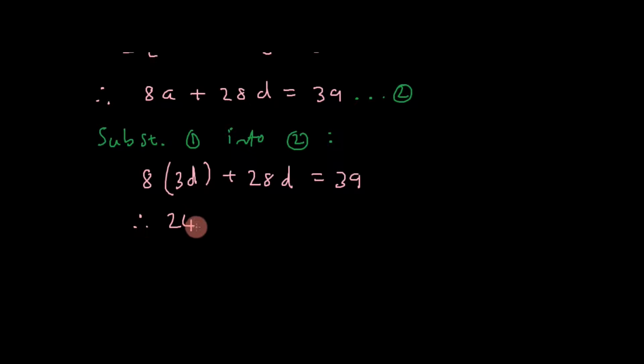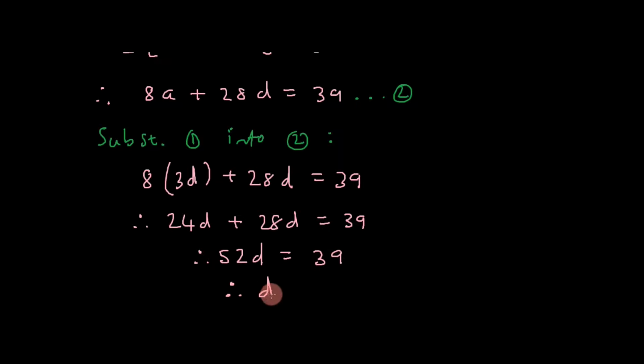So 24d plus 28d is 39. And 24 plus 28, of course, is, or rather, 52. So 52d is 39.